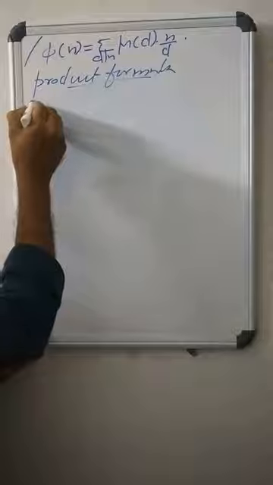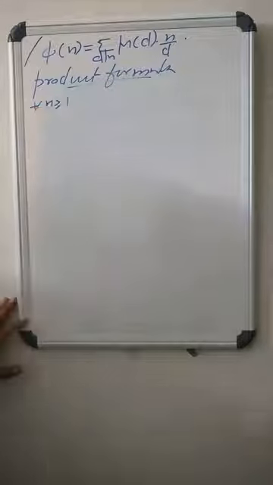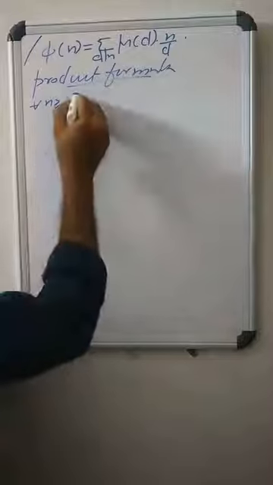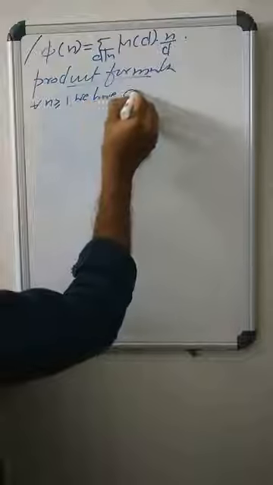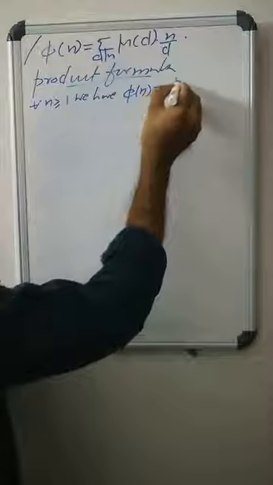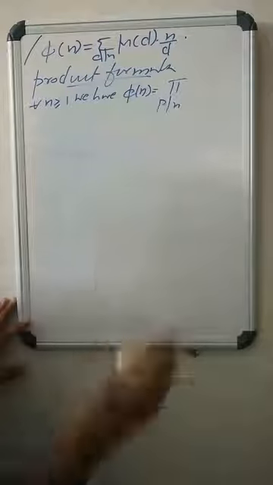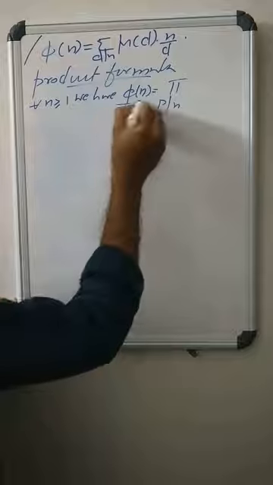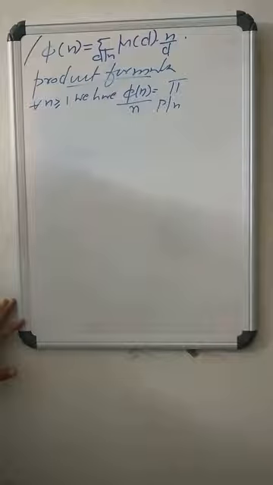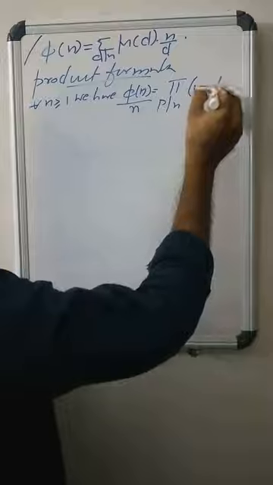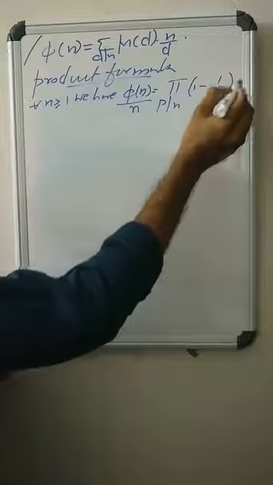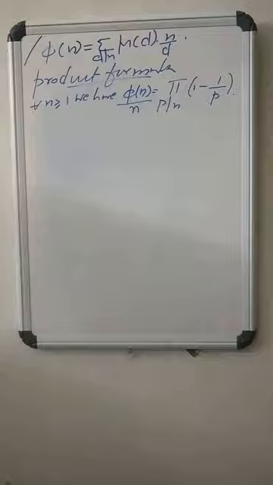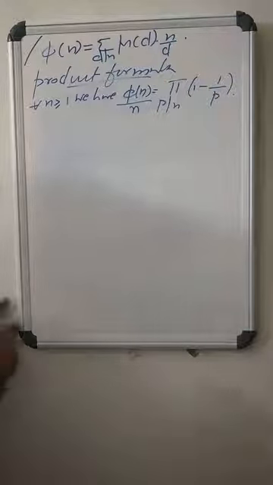The result says that for all n greater than or equal to 1, phi of n by n equals the product over primes p dividing n of 1 minus 1 by p. This is the product formula: for n greater than or equal to 1, phi of n equals n into the product over p dividing n of 1 minus 1 by p.